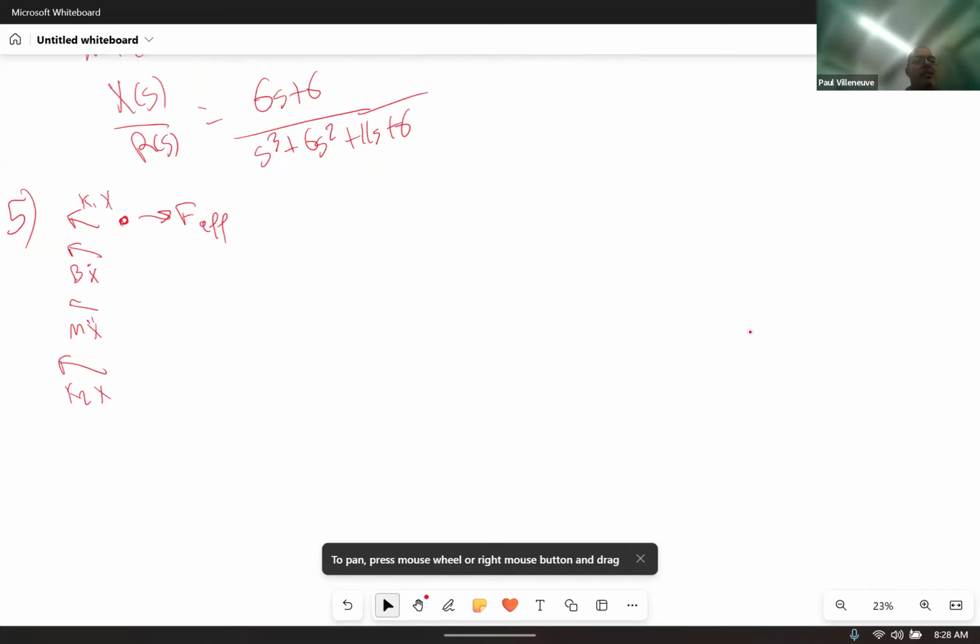So now I take these to the Laplace domain. K1 times X of s plus b s X of s plus m s squared X of s plus K2 X of s is equal to F of s. Factor out X of s on the left-hand side.